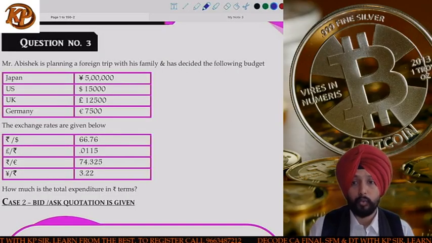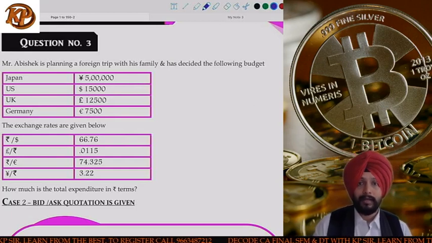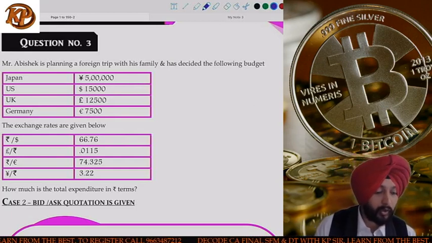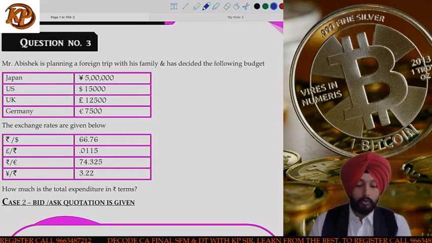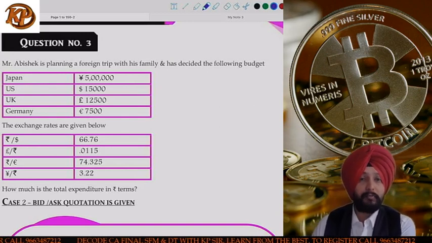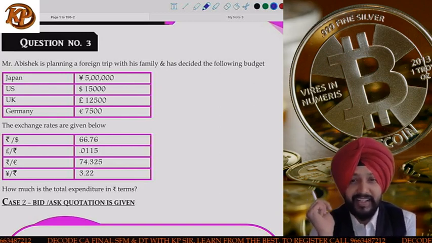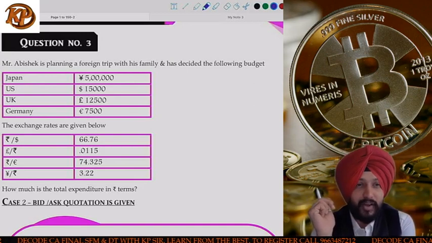Guys, I hope we are done with this question, and now I'll just discuss the answers with you once. So basically, there is Mr. Abhishek who is planning a foreign trip, which is not at all a great idea with the spread of coronavirus.